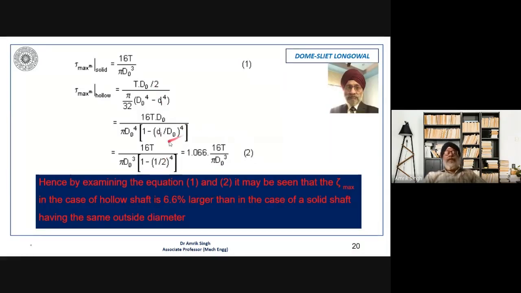So it will give you 1.066. That means the tau max in this case is 6.6% larger than in the case of the solid shaft of the same outside diameter. I have told this earlier also, it is approximately 6%.